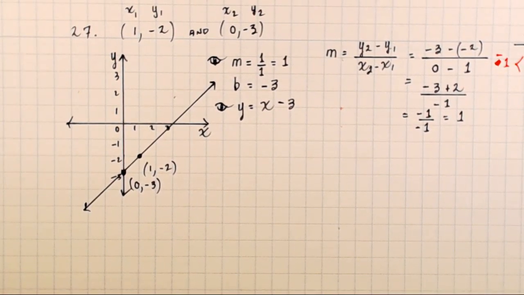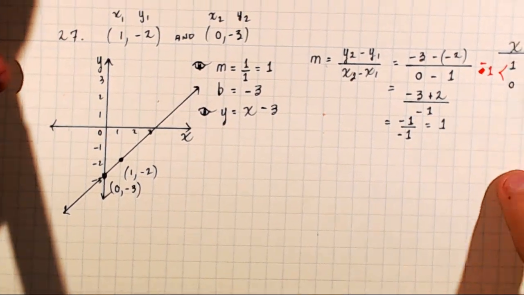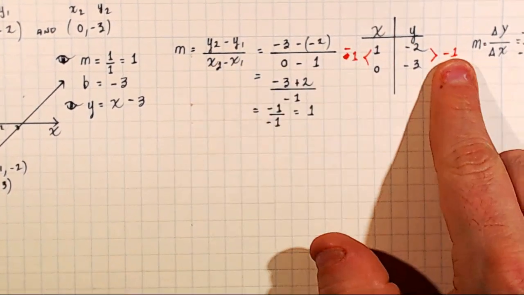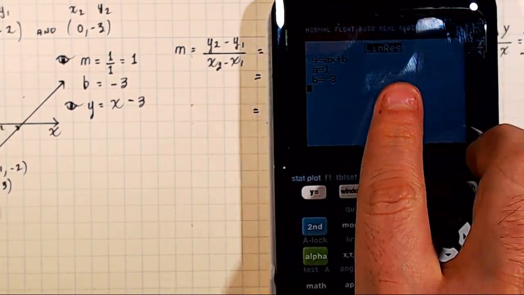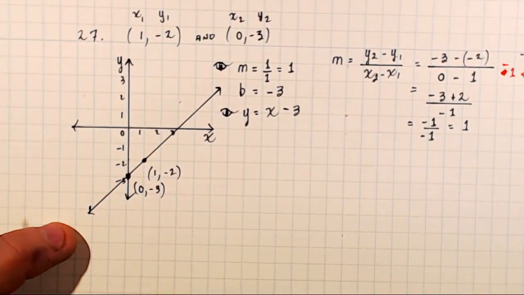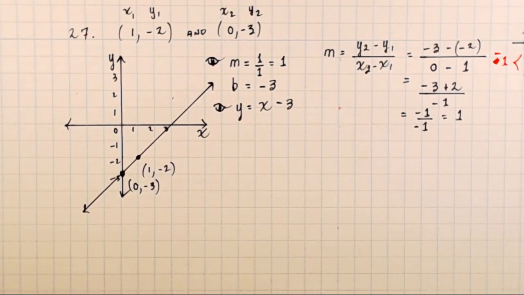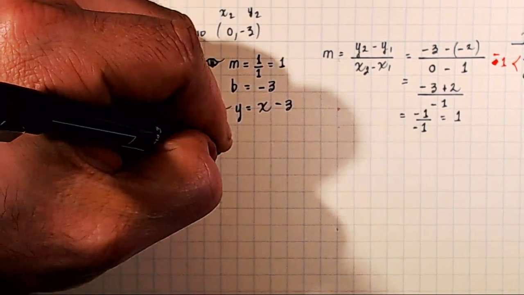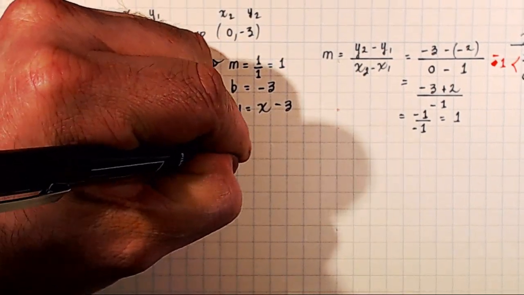You only need to use one of these ways, preferably this way or this way. Calculator is a backup. Using the graph is always a fool's errand because you could get it wrong visually. So anyway, m is 1. So maybe we'll write that here, m equals 1.